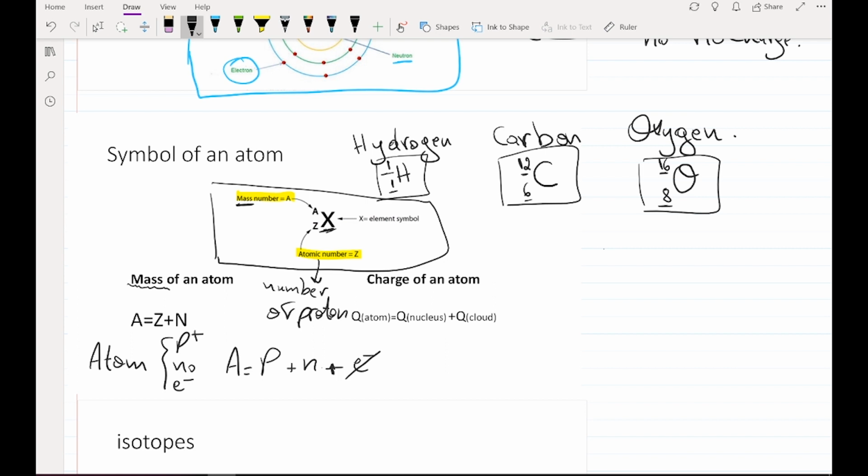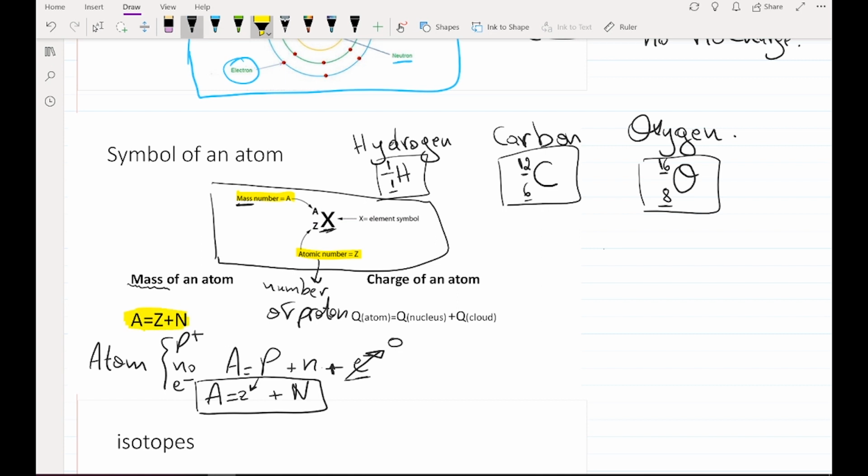The mass of an electron is almost zero, so we don't use it. اتفقنا انه number of proton هي Z. number of neutron هي N. So A equal Z plus N. من هون وصلنا لهيدي الفورمولا اللي هي A equal Z plus N.